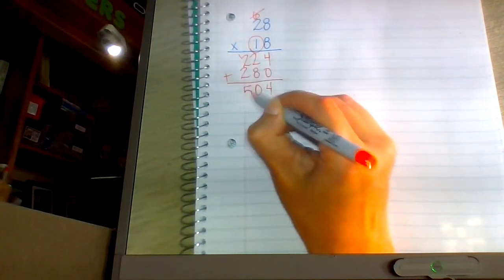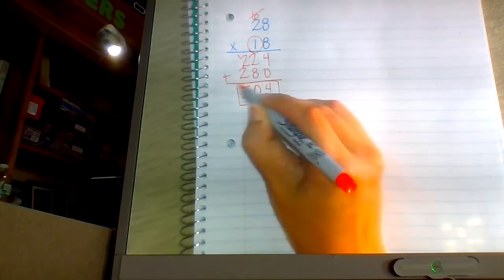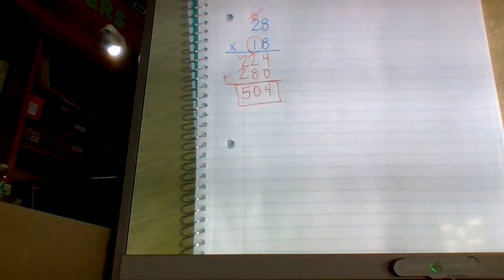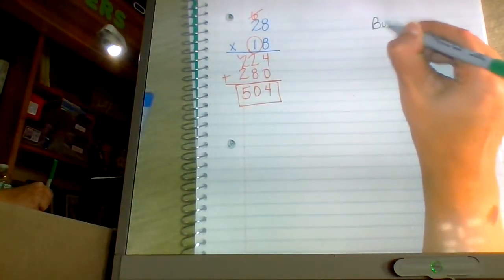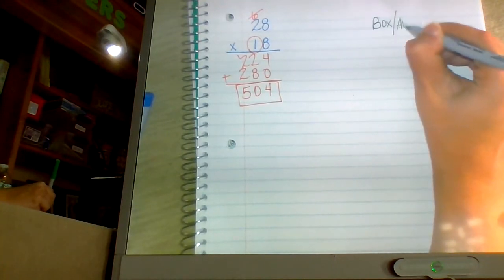And this is our final answer. Now, if standard algorithm is not your cup of tea, that's a-okay. That's why today I took some time to teach you a brand new multiplication strategy, and this is called the box or the area model.